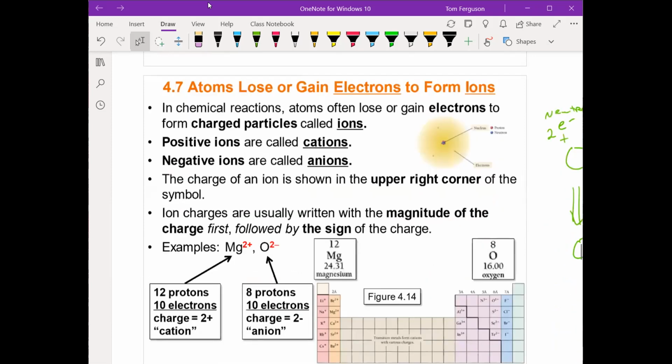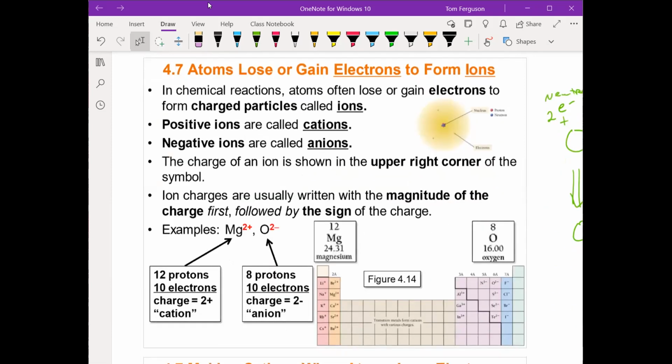And I already mentioned when an element loses electrons, it becomes positive, called a cation. When they gain an electron, charge is negative, and they're called anions. And again, these are the groups. Okay, alkali metals, the alkali earth metals. These guys here, the halogens, all form ions, whether they gain or lose electrons.